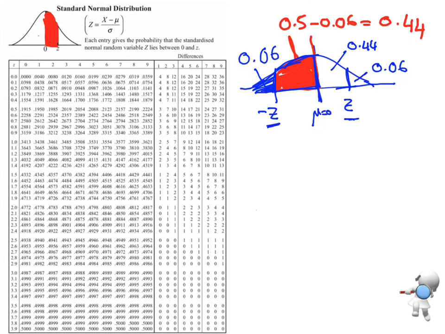One's positive, one's negative, but the value is the same. So I need to look in this section here for a value of 0.44. I'm going to start by coming down these numbers, 0.1, 0.2, 0.3, 0.4. I get to 0.43 and the next one's 0.44.